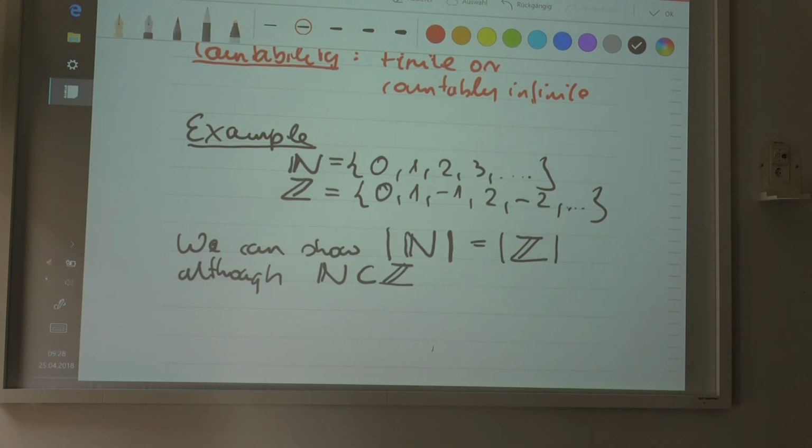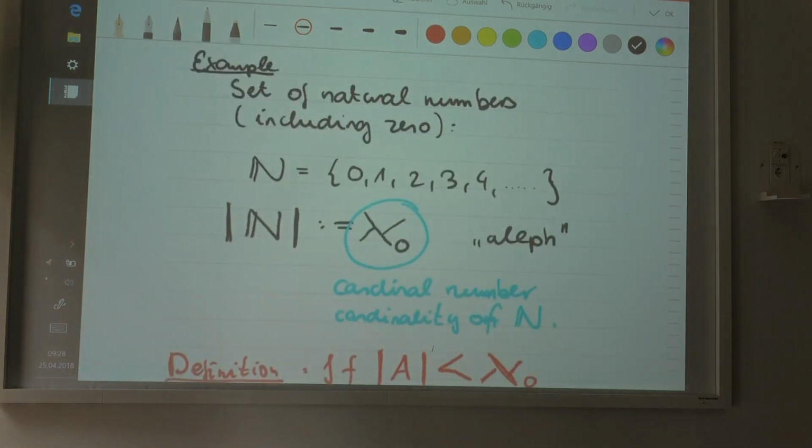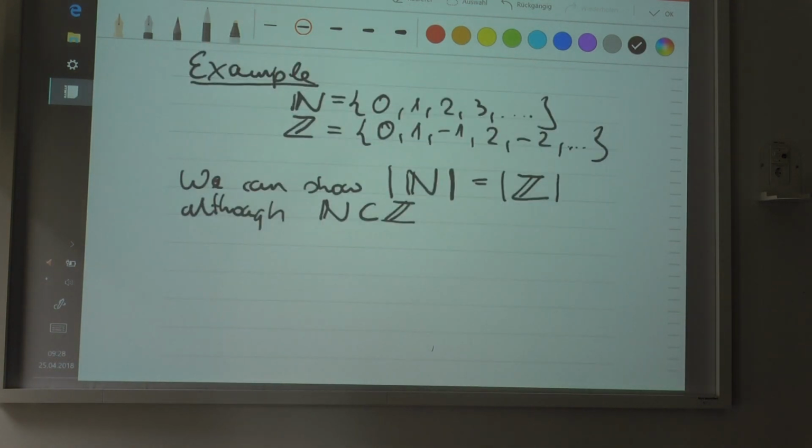I'm going to demonstrate that this is not actually difficult to do. This means that there are just as many natural numbers as integers, so there are no more integers in that concept than natural numbers. And why is that? Because there is a bijection between the set of natural numbers and the set of integers.